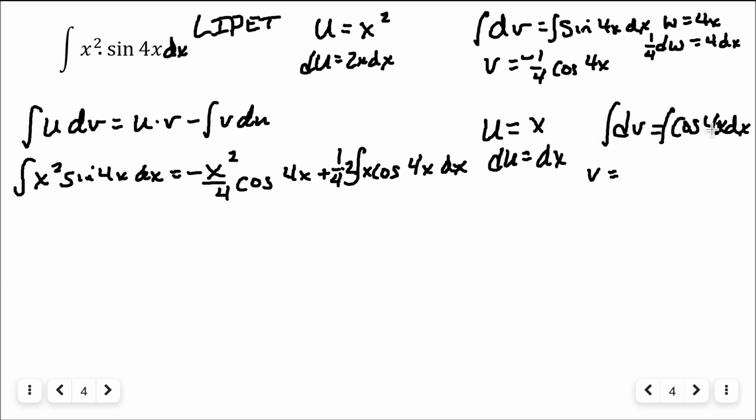The integral of cosine 4x, you need this substitution again, right? You're going to get a 1/4 out there. The integral of cosine is sine, and I need the 4x substituted back in. So now what we have is negative x squared over 4 cosine 4x plus 2 times 1/4 is 1/2.